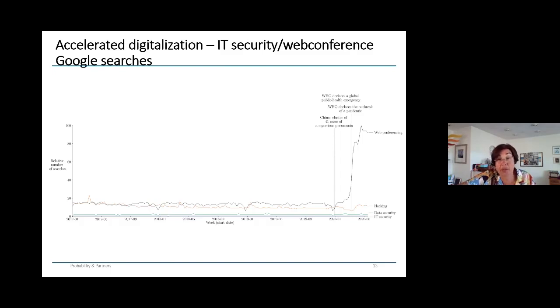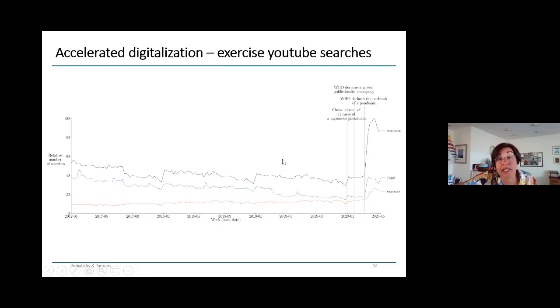You see it also in sentiment-related items, but also hacking and cybersecurity, where you can see a large amount of interest in those topics. In terms of home exercise and entertainment, you can look at YouTube searches. Here I'm showing you the YouTube searches for exercise, yoga, and workout. Again, a gigantic spike in interest for those kinds of topics.